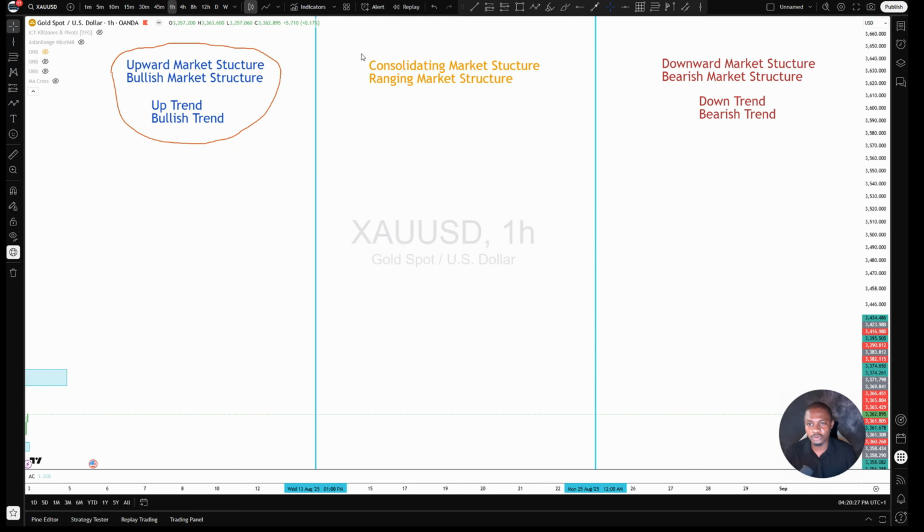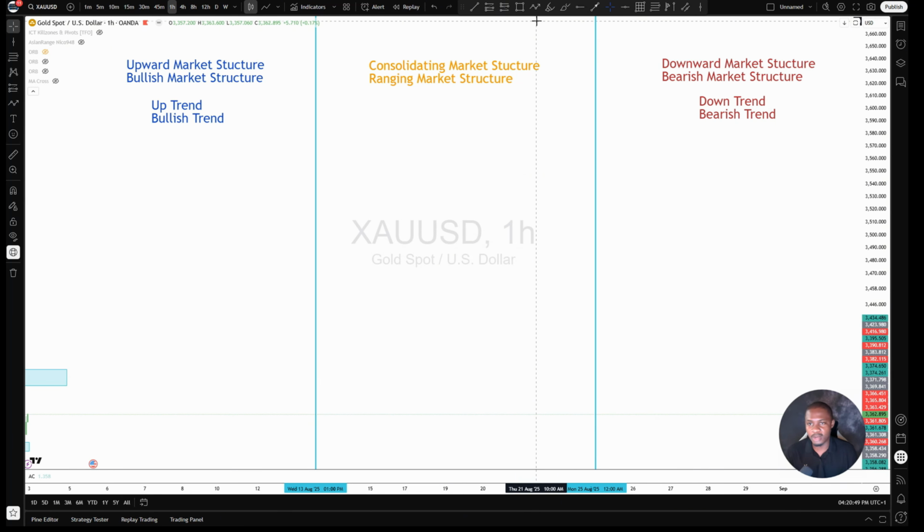And you can call the consolidating market a ranging market structure or consolidating market structure. For the downward market structure, you can call it downward market structure, bearish market structure, or bearish trend. These are the different names which you can call a market structure.